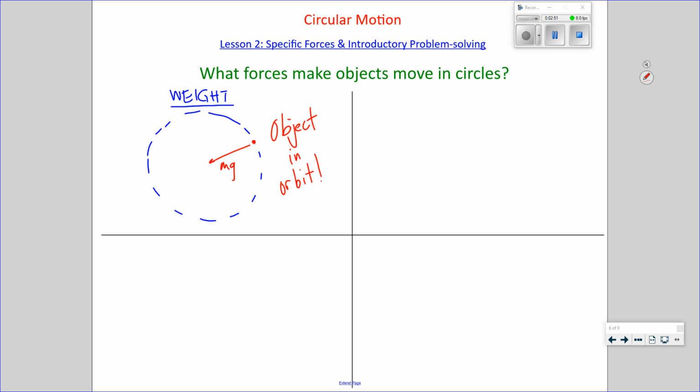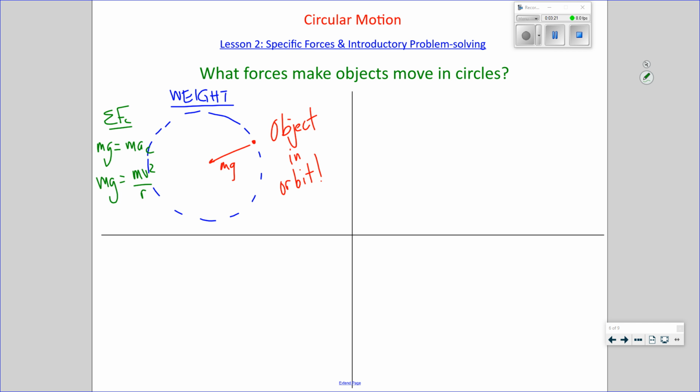If we were writing what we can call a net FC statement, we would say mg equals mac, or mg equals mv squared over r. You can actually tell right now that the m's would go away and there are problems you can solve. You can see the beginnings of a solution for something.